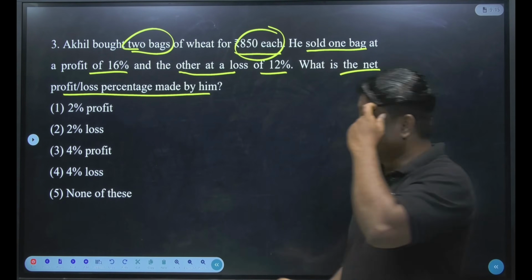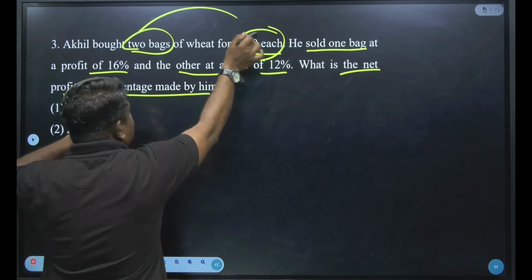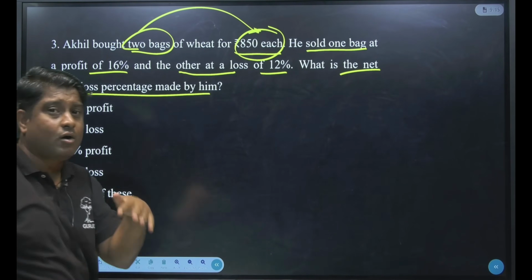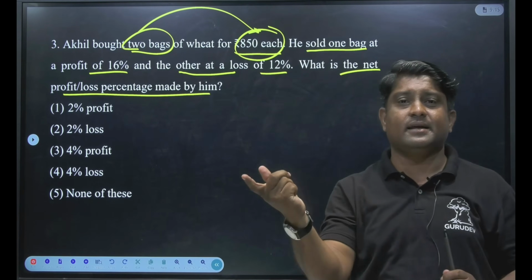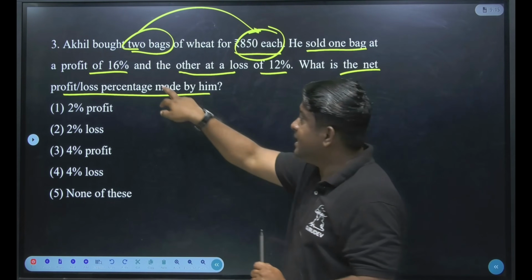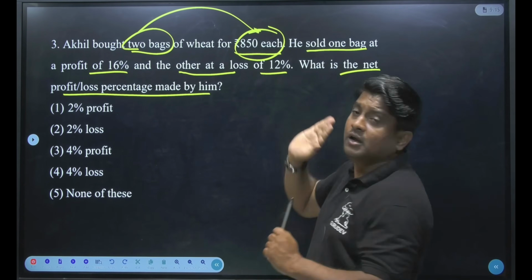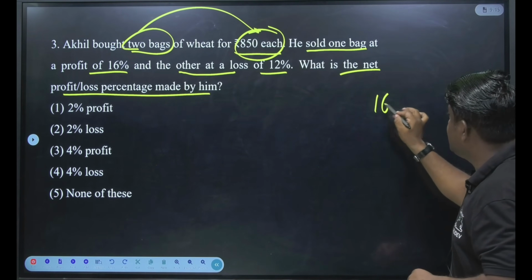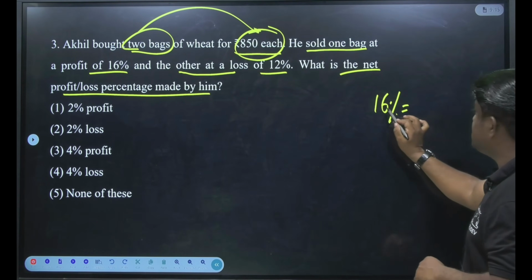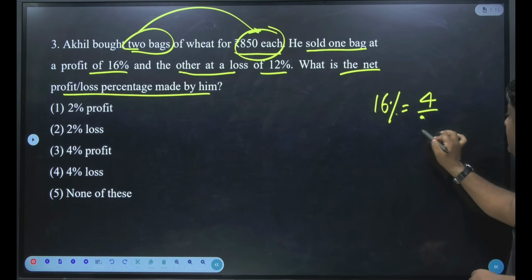Now listen, remember one thing: the cost price is the same for both articles. Bought is nothing but the cost price. But one is sold for a profit of 16% and the other for a loss of 12%. Now I said that whenever you say profit, 16% as a fraction is nothing but 4 by 25.